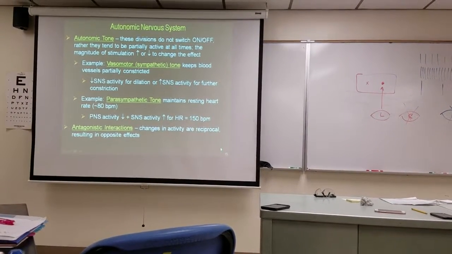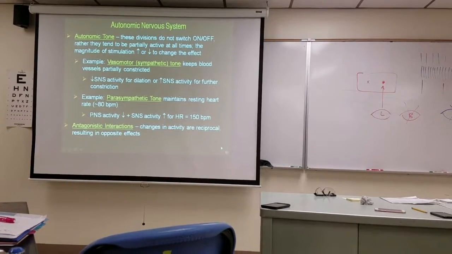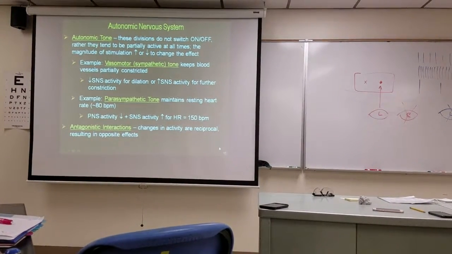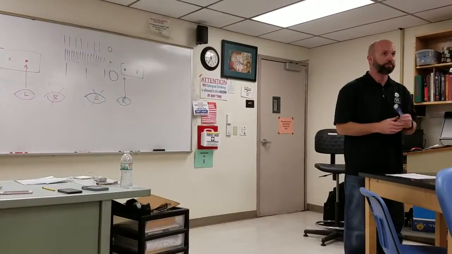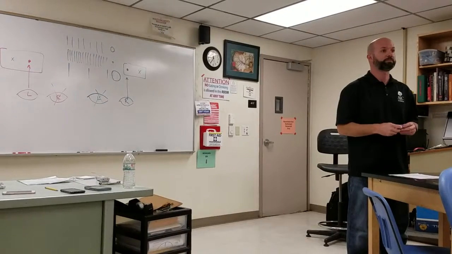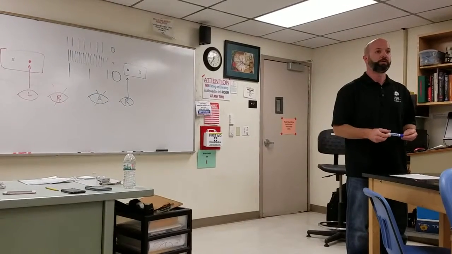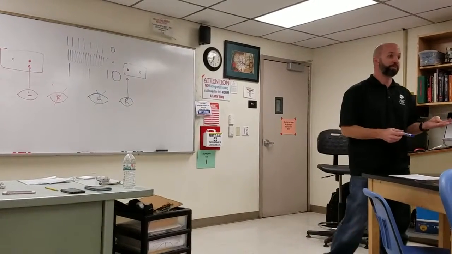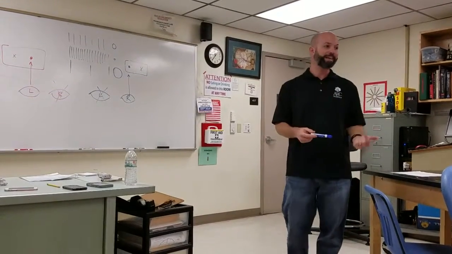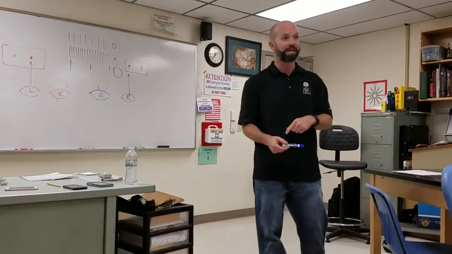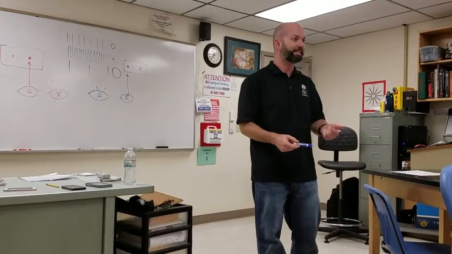So after autonomic tone, drugs, chemicals that we use as agonists and antagonists. Turns out a lot of the drugs out there manipulate the autonomic nervous system to produce their effects. So you basically have four categories. You have sympathetic agonists, sympathetic antagonists, parasympathetic agonists, parasympathetic antagonists.